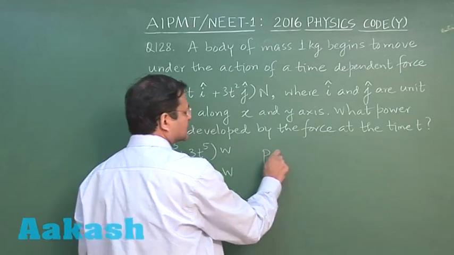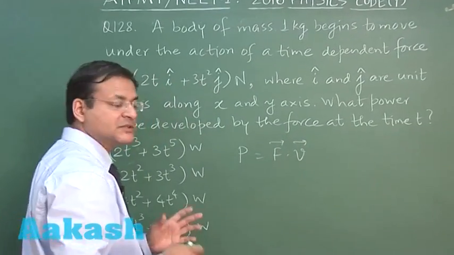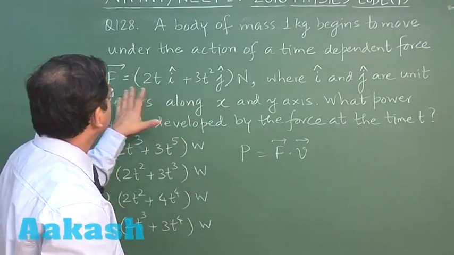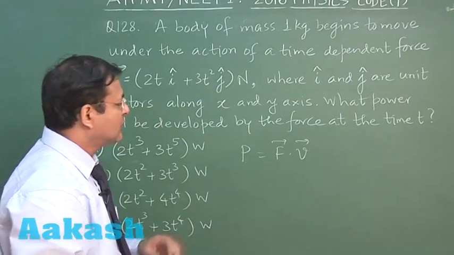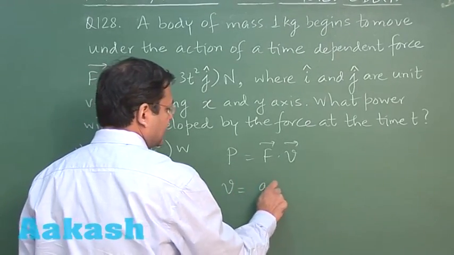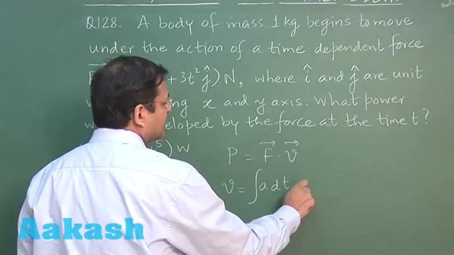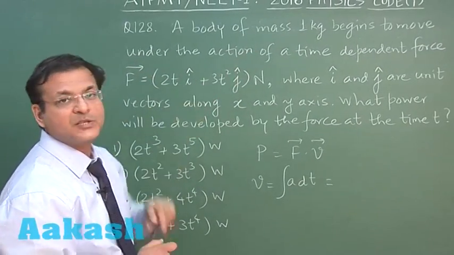Power is force dot velocity vector, isn't it? Now you see, force is same, 2t i cap plus 3t square j cap. You have to calculate velocity, and velocity is nothing but integral of acceleration. Here acceleration and force magnitude wise will be the same because mass is 1 kg.